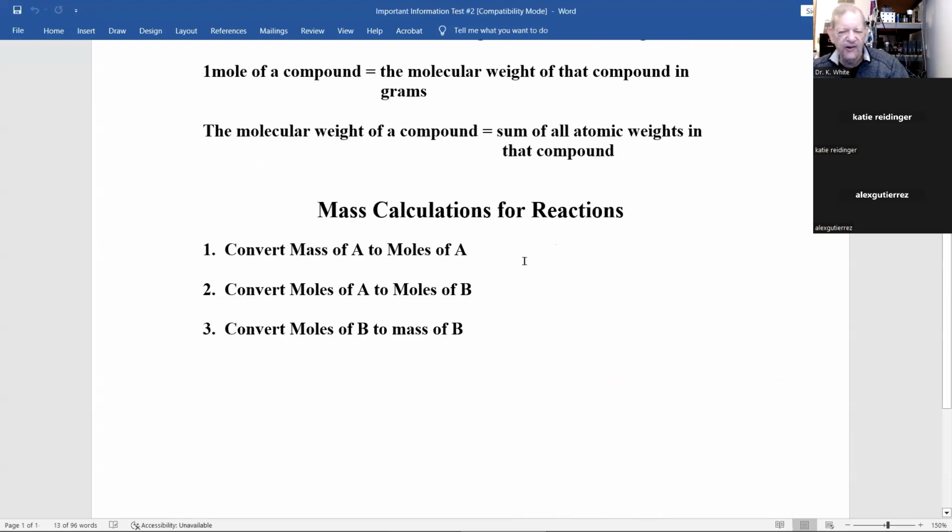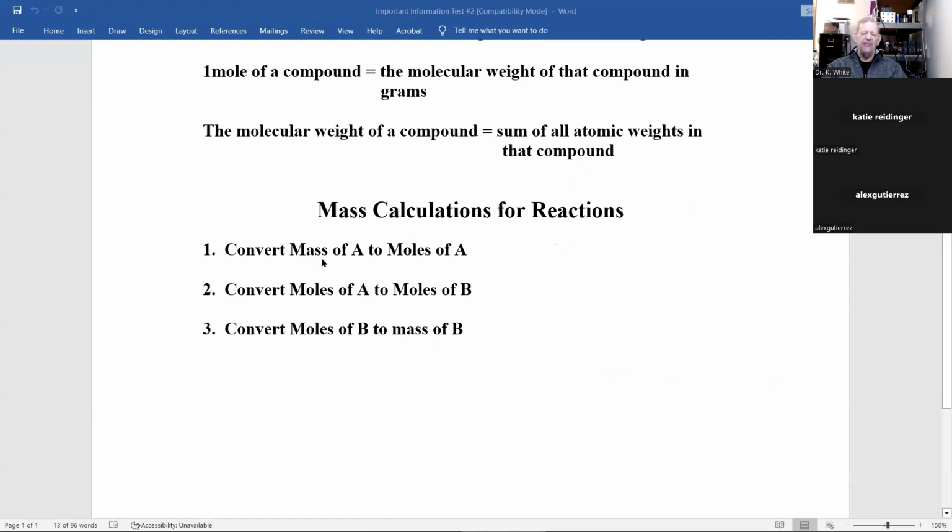Now, the last topic I want to cover for test number 2 is called mass calculation for reactions. And you have to do 3 steps to solve this type of problem. In this type of problem, you're always given a balanced chemical equation because the coefficients of a balanced chemical equation give you molar ratios.